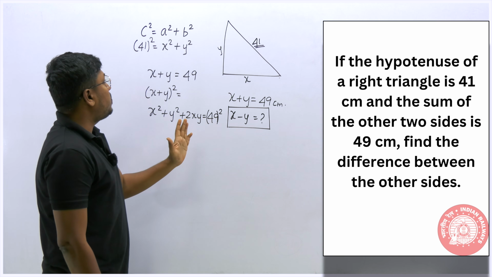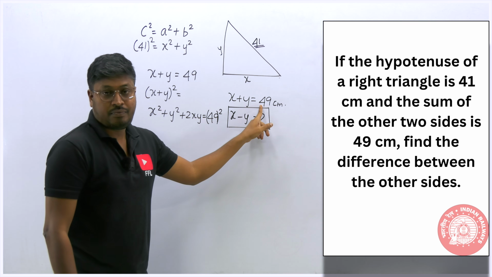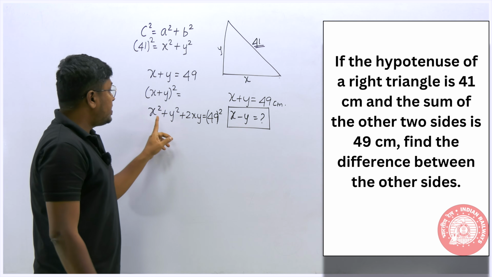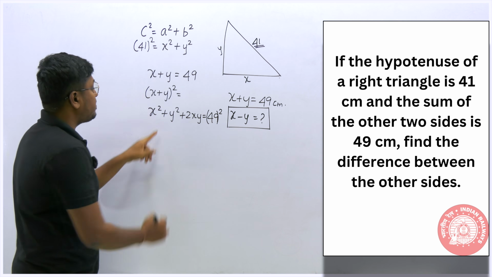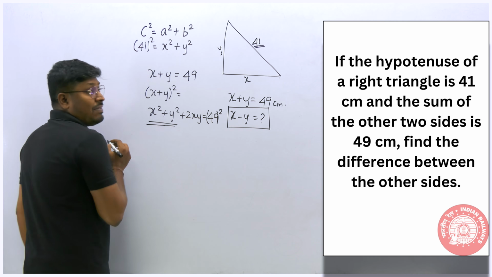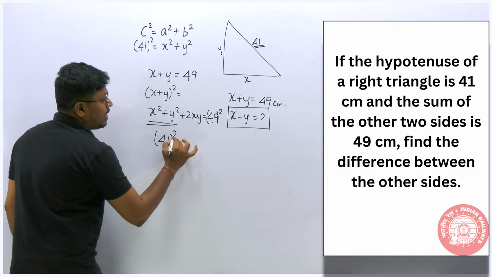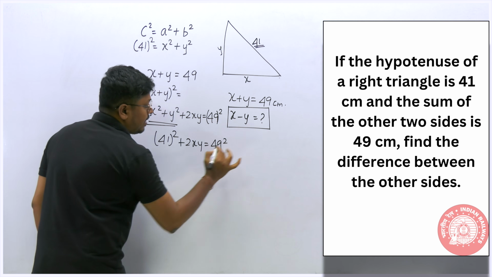So what I am going to do here is, we know x plus y is equal to 49, right? And we know x square plus y square is equal to 41 square. So for x square plus y square, I am going to substitute this complete 41 value. So x square plus y square is equal to 41 the whole square, plus 2xy is equal to 49 the whole square. So friends, understood?